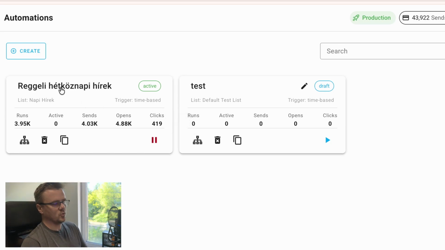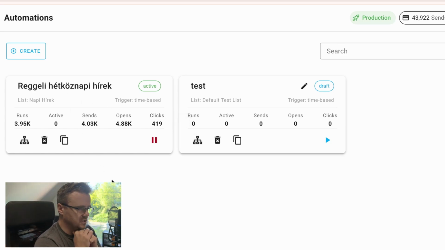So this one is an interesting one because this is basically an automated newsletter about news, which I really like. And this is yet still a small list. It's like 70% or something like that. But it's a really active one. So we send out the emails every morning about Hungarian news, and an AI summarizes the news and removes clickbaity titles.